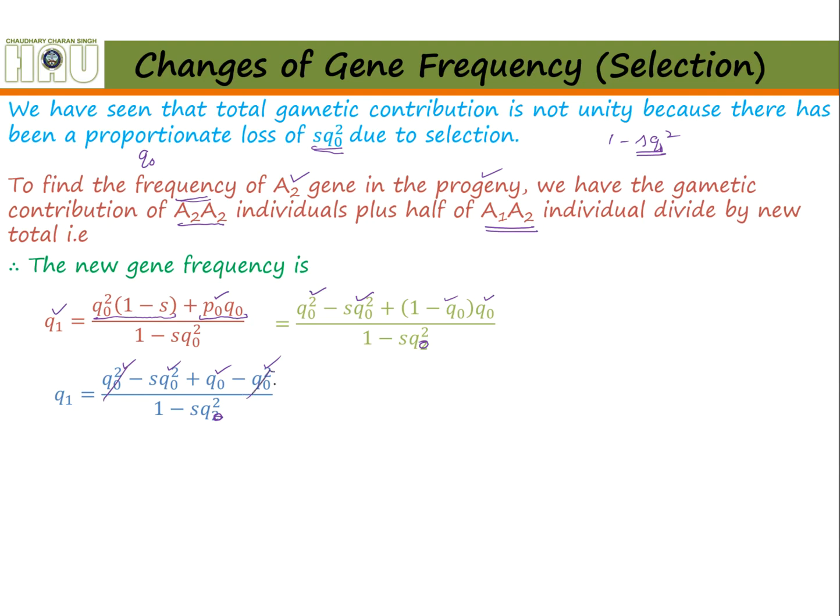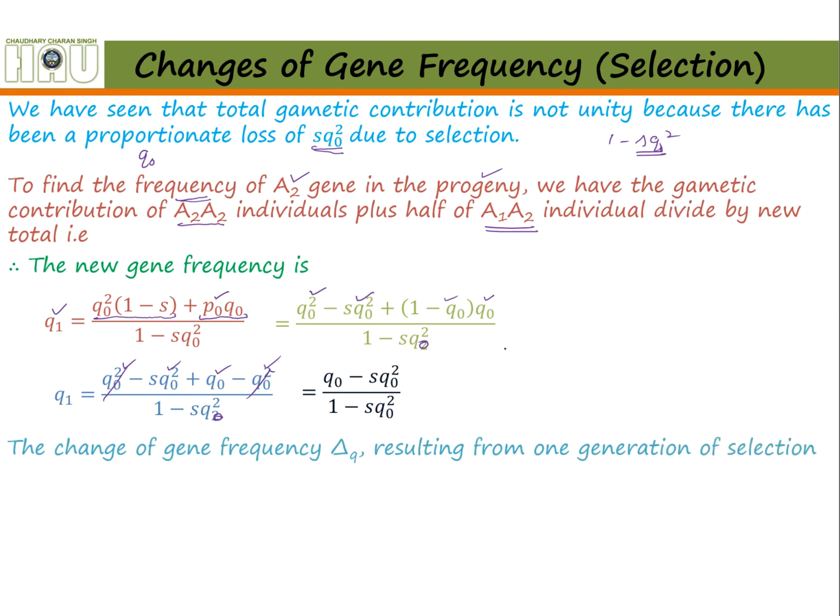Now the Q0 square terms cancel out. What is left is Q0 minus sQ0 square, divided by 1 minus sQ0 square. So this is the frequency of A2 after one generation of selection.